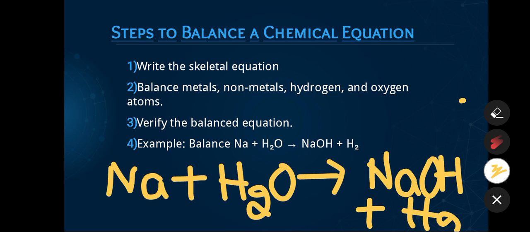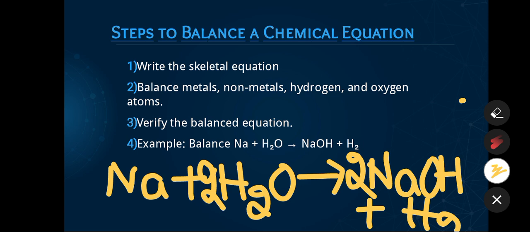Okay, sorry for that. Here there are 3 hydrogen atoms on one side, but only 2 on the other. So here we will write 2. So 2H2O means 2 times 2, 4. And here also we will write 2 for NaOH, so 2 times 2, 4. So here 4 hydrogen atoms, here also 4 hydrogen atoms.